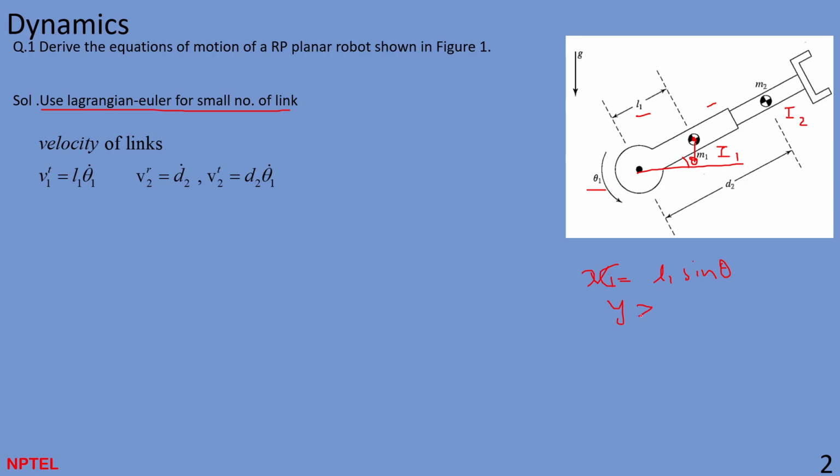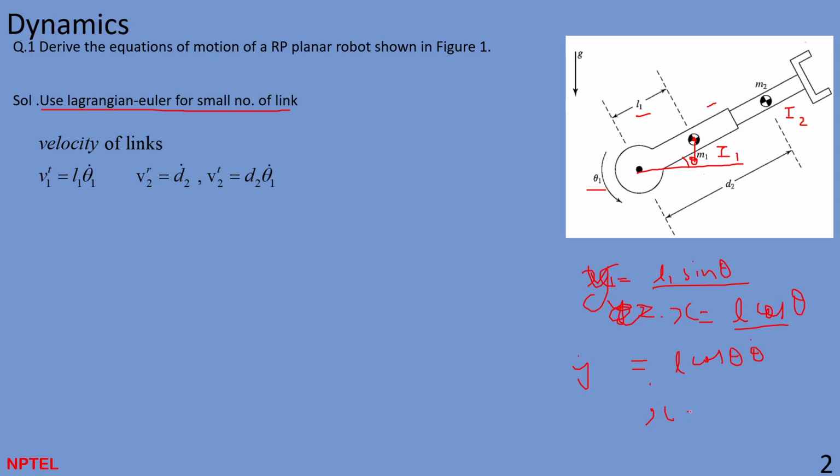And this is the y coordinate, and this will be y. Sorry, this is x. Y is L1 sine theta, and x is L1 cos theta. When you differentiate this, you'll get y dot and x dot, which involve theta dot.